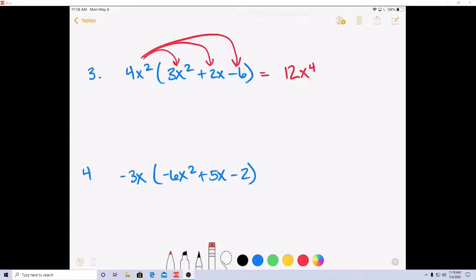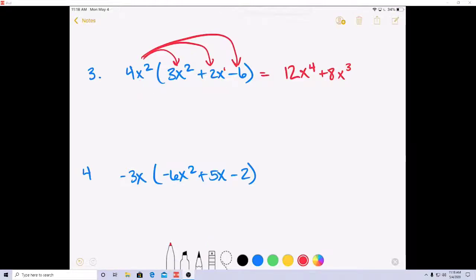And then I'm going to multiply 4x squared times 2x. Okay, gotta multiply by every single term. So 4x squared times 2x, 4 times 2 is a +8. And then an x squared times an x, which has a power of 1, I have to add those powers. 2 plus 1 gets me an x cubed.